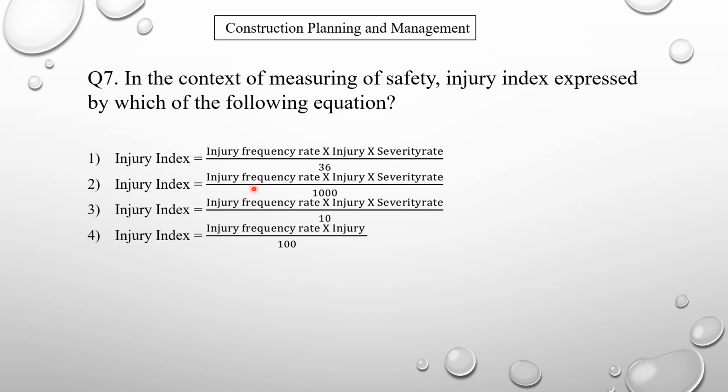In the first three options the numerator is the same but the denominator is changed. For the injury index, the denominator is always 1000 and the numerator is injury frequency rate into injury severity rate. So this is the formula for the injury index. The correct answer is option number 2.